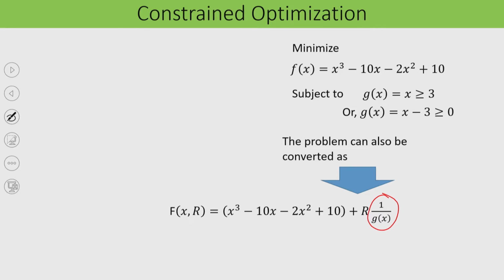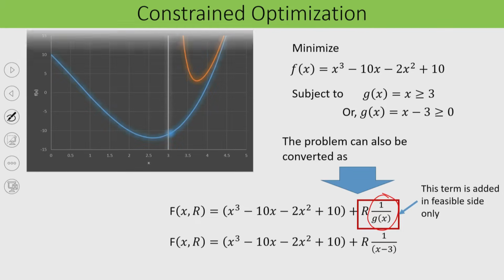So, what is 1 by Gx? Suppose I look at this function, then 1 by Gx means 1 by x minus 3. So, what we are doing here is penalizing the solution in the feasible region. This term is added on the feasible side only.